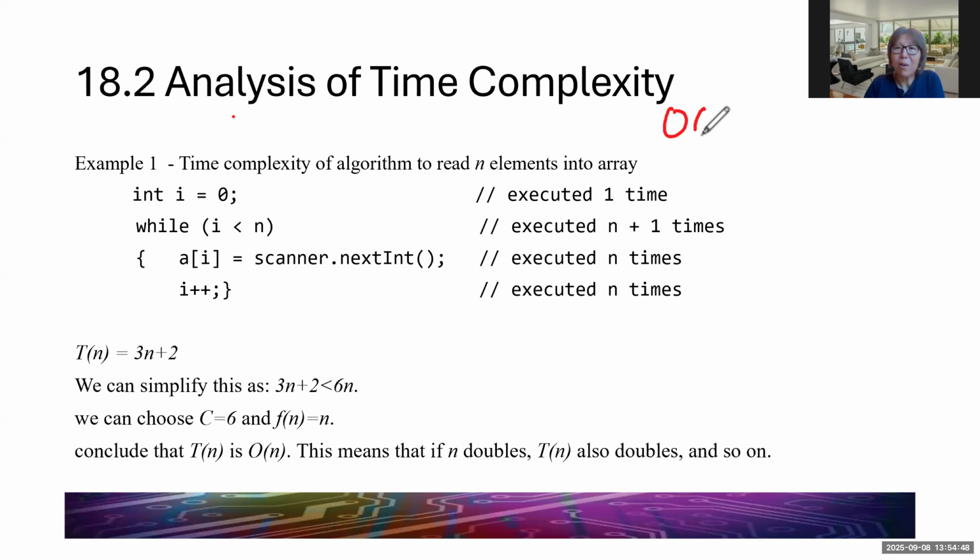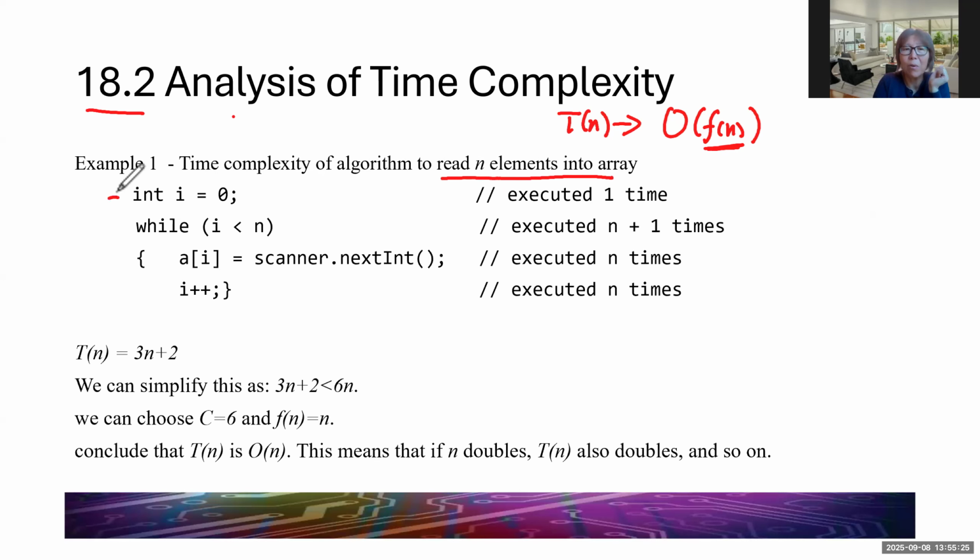Our goal is always to find the Fn, and Fn is derived from Tn. So in this section, we are going to discuss how we derive Fn. We call it analysis of time complexity. Here is an example, just a part of the code, a code snippet that reads n elements into an array.